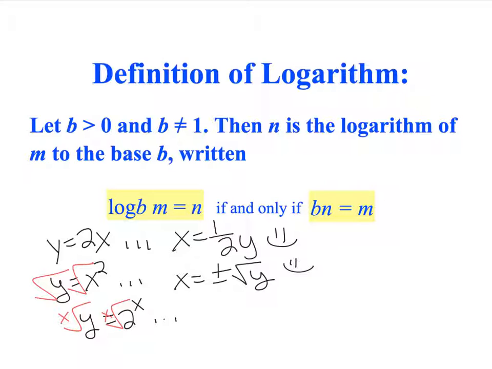This y equals 2 to the x, written in terms of x, is x equals the log base 2 of y. So logarithmic functions are the inverse of exponential functions, or you can think logarithmic functions and exponential functions undo each other, similar to x squared and the square root of x. So that's why we have them and why they exist.